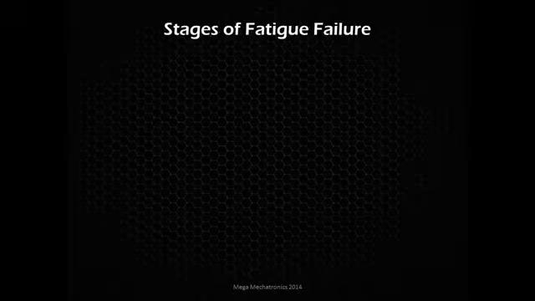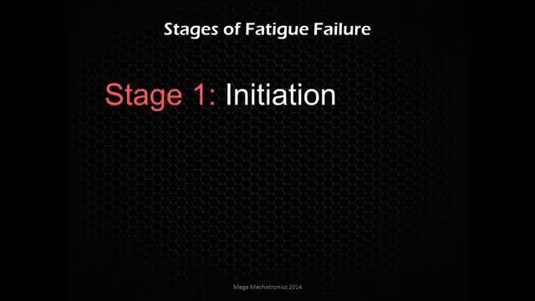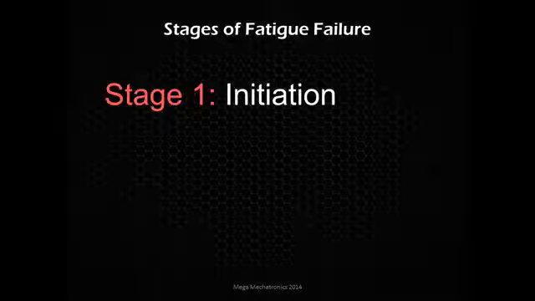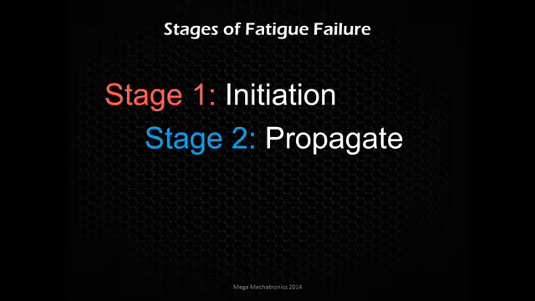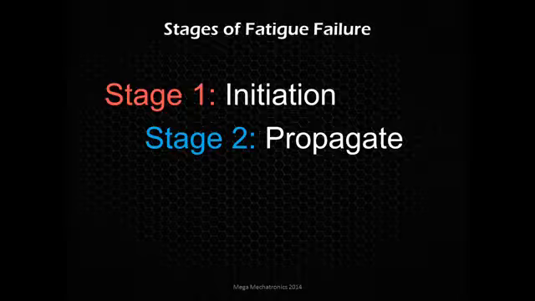So let's look at the official stages of fatigue failures. Stage 1, we have the initiation. This is where it all begins, likely at a stress concentrator, but this is where the part starts fracturing. And then stage 2 is the propagation, where that fracture, every time it gets loaded, starts growing and growing in very tiny microns, a very, very small amount.